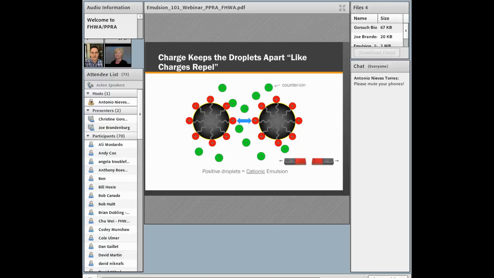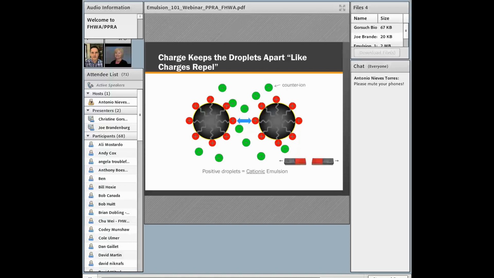What the emulsifier does is put a charge on the surface of the asphalt droplets within the emulsion. For a cationic emulsion, it puts a positive charge on the surface of the droplets. These like charges repel each other, kind of like a magnet. If you try to put two north poles together, you can actually feel them repel each other.